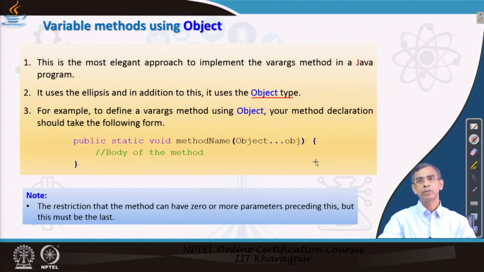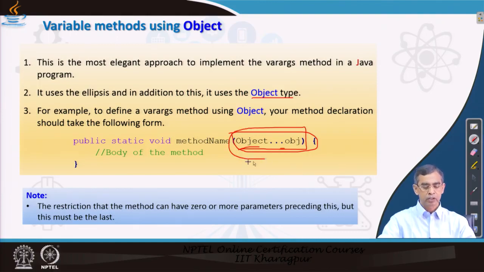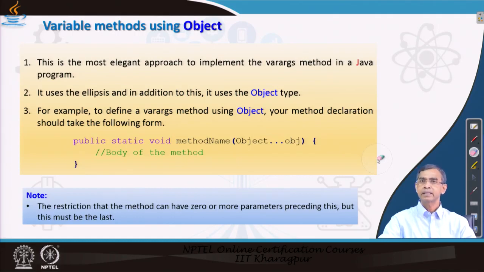So, it holds any type which derives from this. Using object type we can declare, and with the ellipsis, that means any type of values and any number of parameters you can pass to it. So, using this object definition we can pass any number of values, any number of arguments.